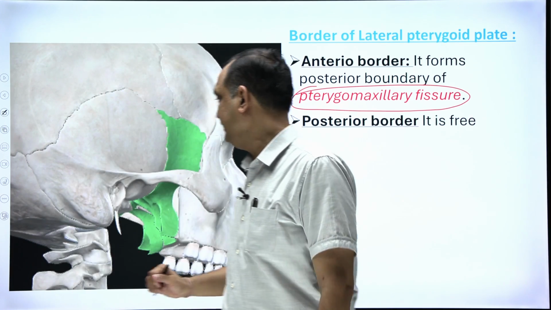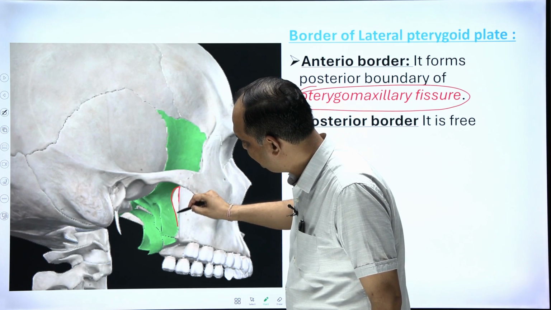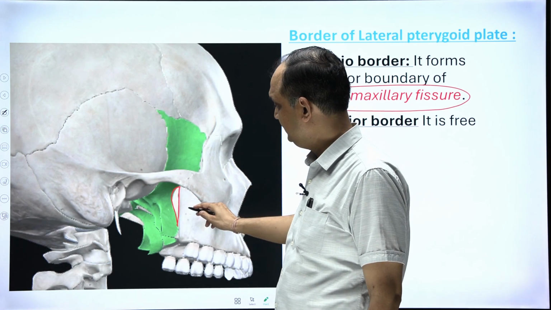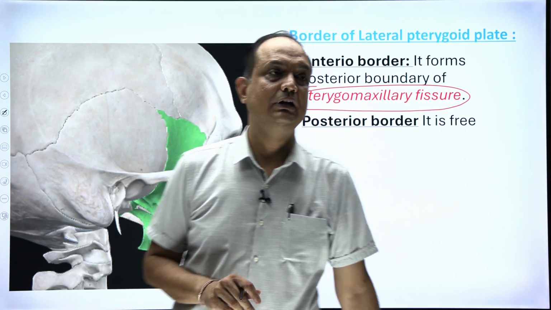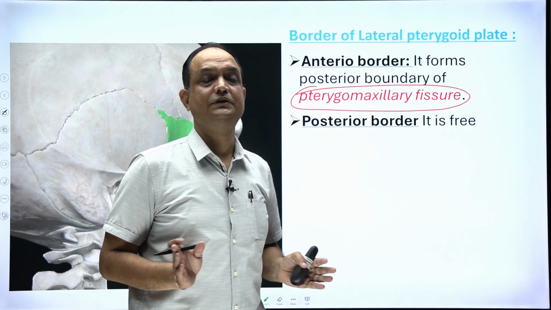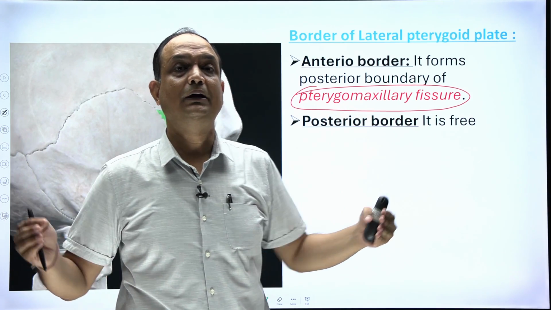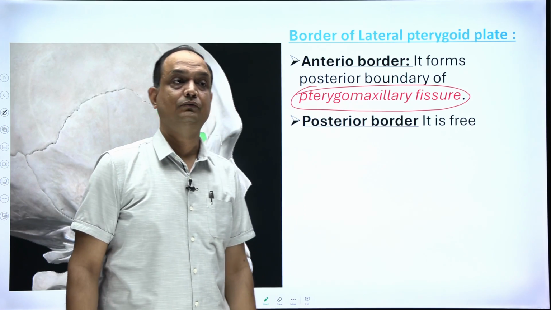This area is known as the fissure, and this fissure is between the posterior side of the maxilla and the anterior side of the plate. That is why it is known as the pterygomaxillary fissure. Clear? Through this fissure, the third part of the maxillary artery enters the pterygopalatine fossa.